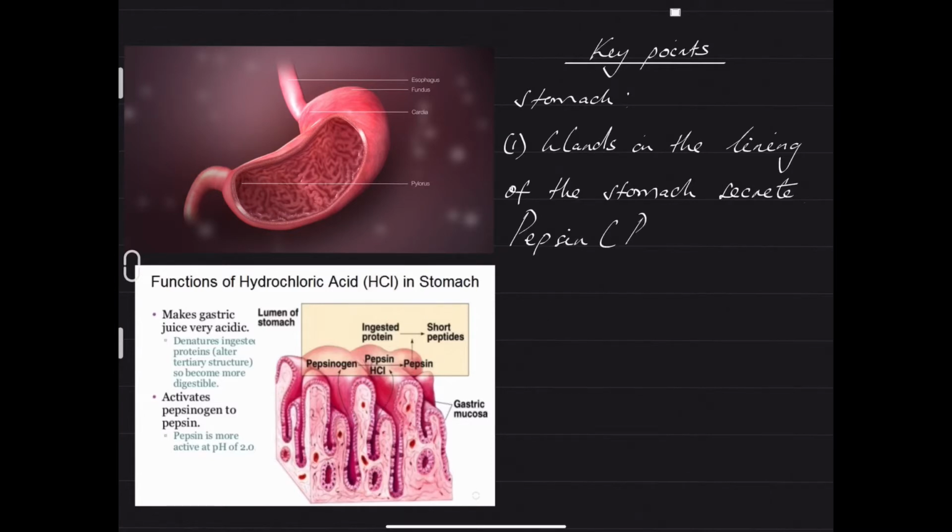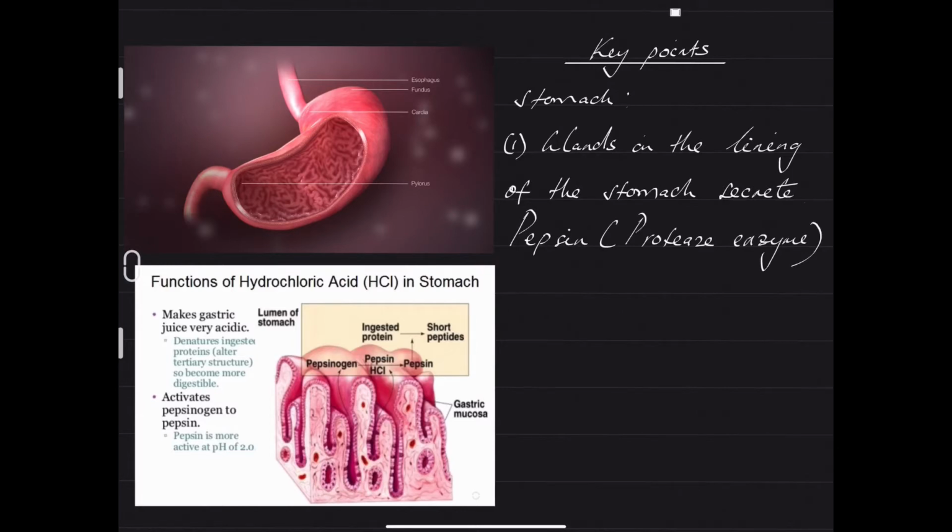Okay, and this is a protease enzyme, which is going to break down protein. Okay, so glands in the lining of the stomach secrete pepsin. This is the enzyme that is being secreted to digest protein, the protein that we've consumed.